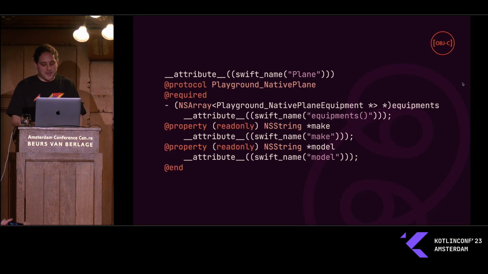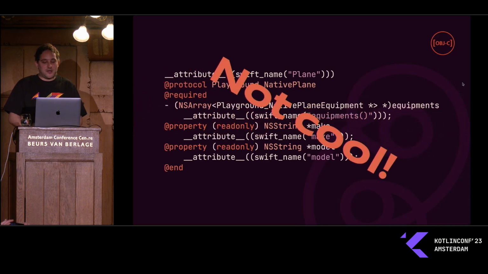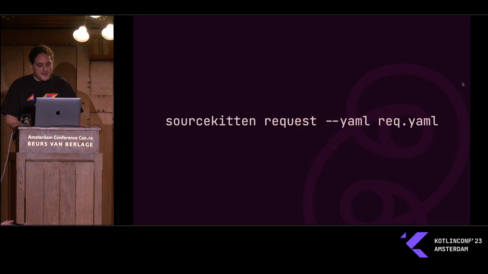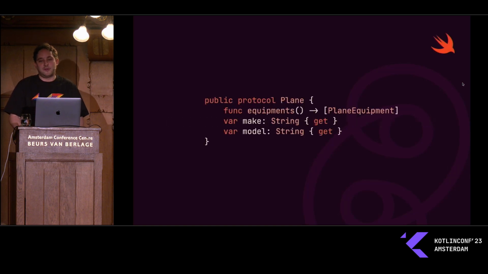But hey, now we have a tool. Because this is not cool, we can ask SourceKitten, with the request YAML file, to take this framework and output Swift code. So I believe that SourceKitten is a widely underrated tool because it greatly improves the communication we can have with Swift iOS developers.